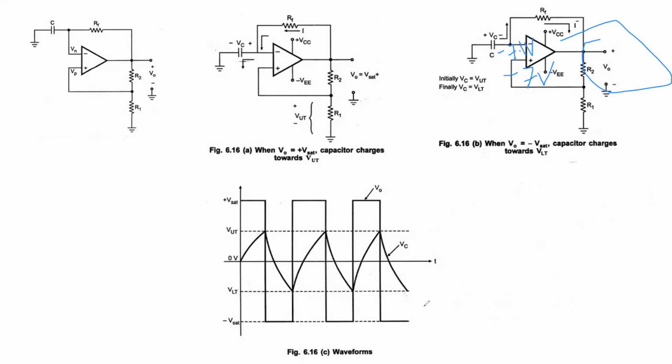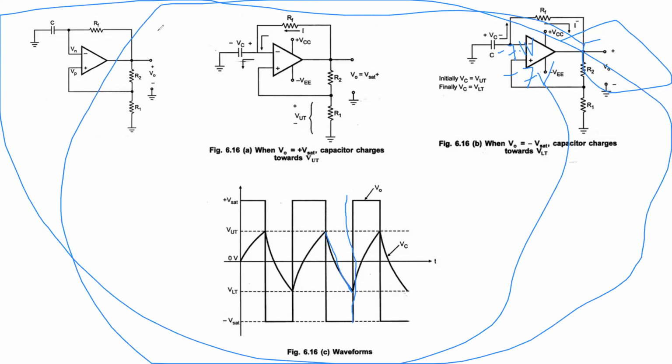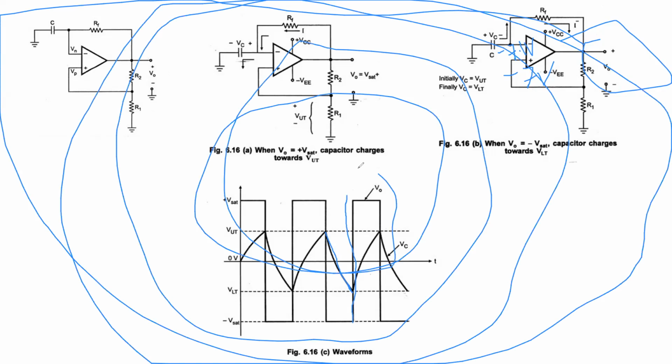Plus Vsat. That's why when the capacitor voltage reaches VLT, which is -7 volts, the output again changes its state from -Vsat to +Vsat, and the operation repeats several times.